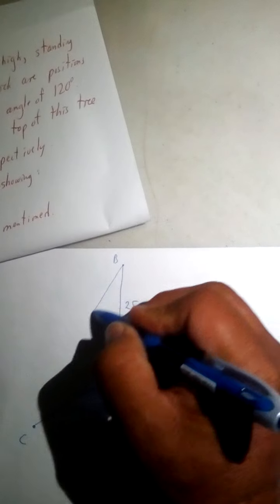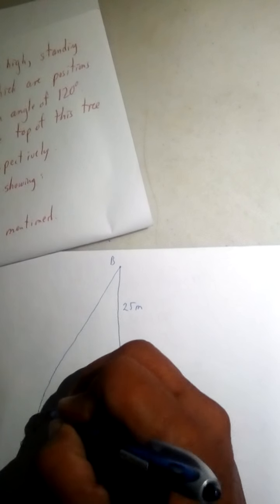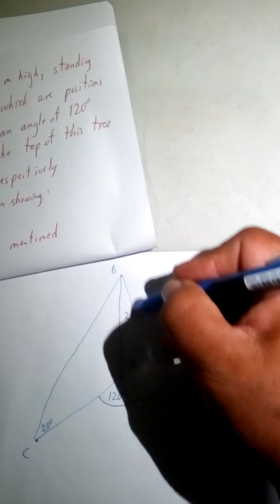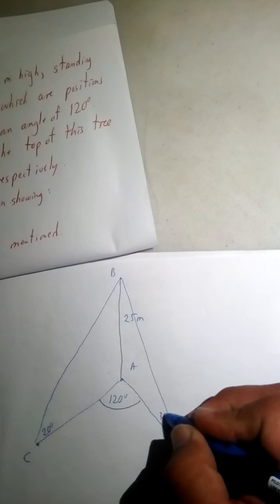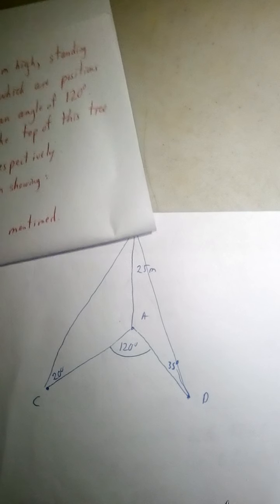So C has an angle of elevation here of 20 degrees, and from D there's an angle of elevation of 35 degrees. So that looks like the diagram.